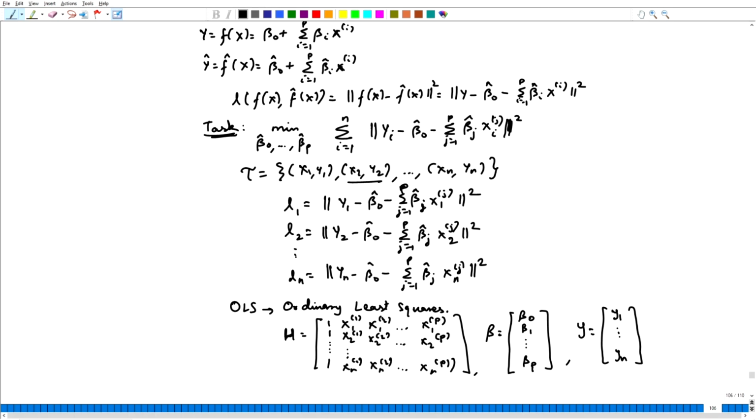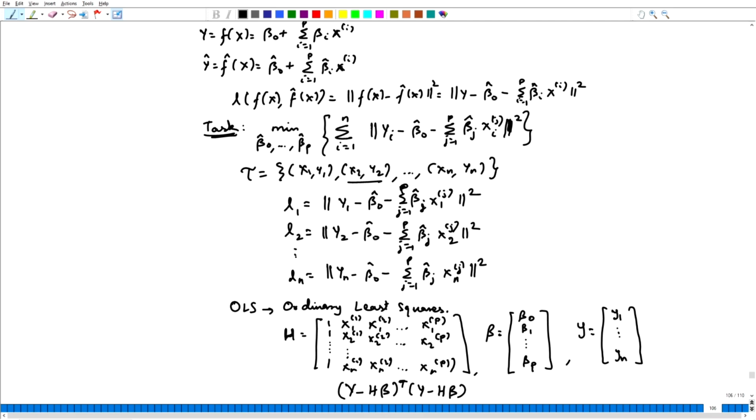I will write this objective function, whatever I have within these braces, as y minus H beta, transpose, y minus H beta.